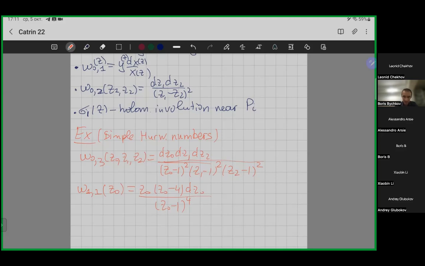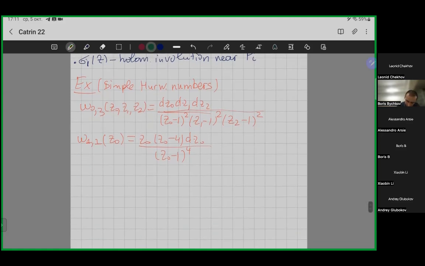Also worth mentioning that there is no singularity at infinity.